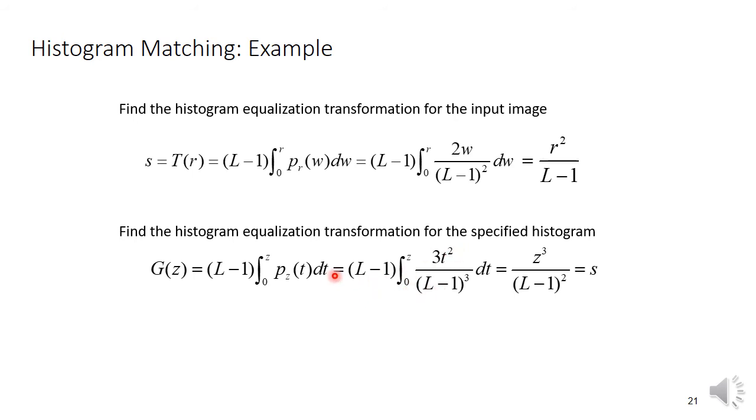After applying the given PDF of z, we get 3t square over (L minus 1) cube, times dt, and after solving the integration it becomes z cube over (L minus 1) whole square. So it is actually our output.